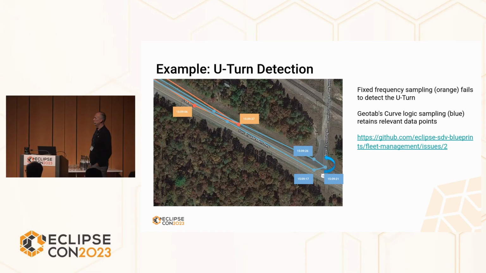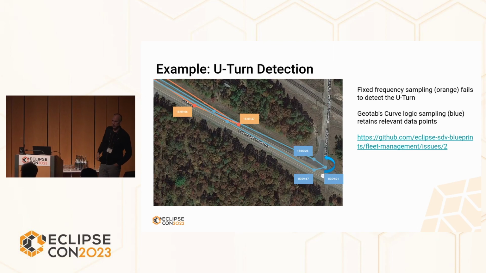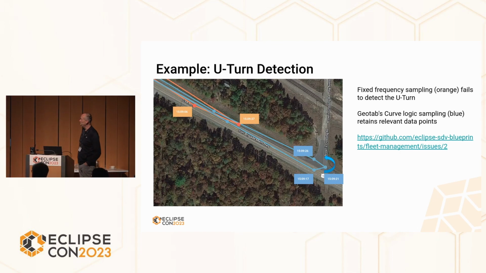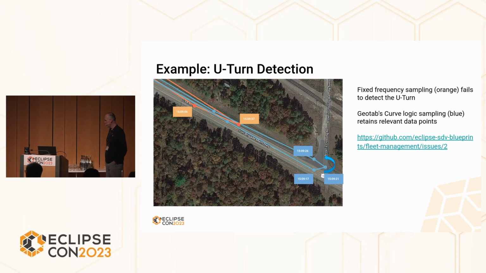Now, the question is, how can you actually still realize what is actually happening without having to sample the data every 10 milliseconds? And one of the solutions to that problem is a thing called the curve logic sampling that Geotab has created, and that provides a way to continuously sample the data at a high frequency locally in the vehicle, but then filter out cleverly all of the redundant and unnecessary data and only keep those data points that actually make a difference or that are worth being notified.